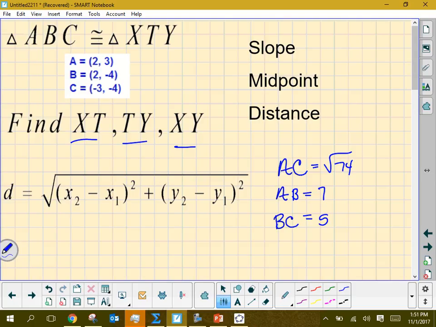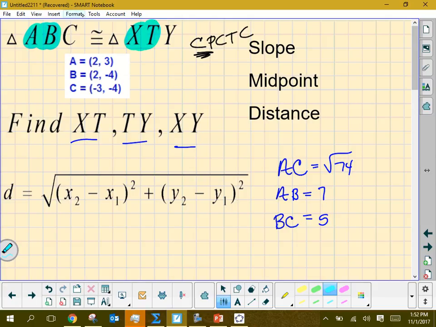It might seem like a waste of time, but if I look at the congruency statement up here, AB is the same thing as what? XT. Yesterday we talked about corresponding parts of congruent triangles being congruent. So AB and XT are corresponding parts. The triangles they came from were congruent, right?